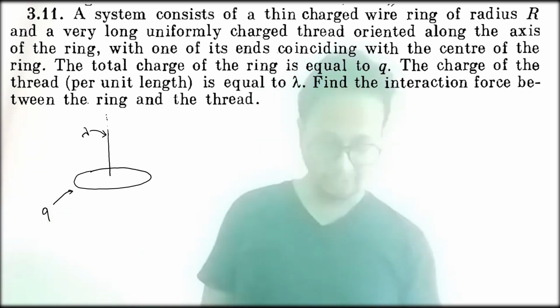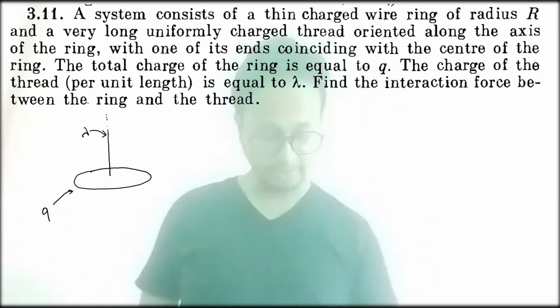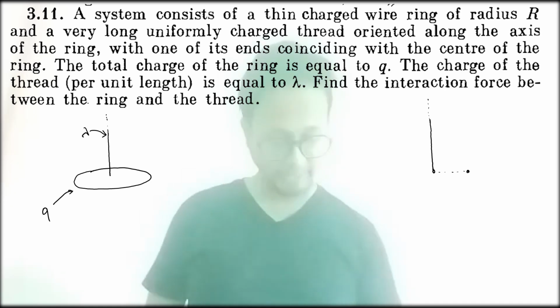This is why we have done question number 13 first. See here, if I want to find the electric field for a semi-infinite rod of charge density lambda, the electric field Ex is k lambda by R.